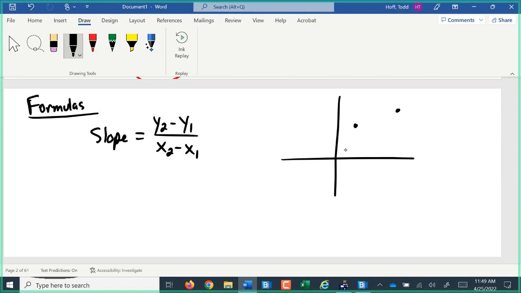If we have a point, I'm just going to call them x1, y1, and x2, y2. The rise is just the difference in the y coordinates, and the run is just the difference in the x coordinates. That's the horizontal difference. Well, those differences can be used to find other features of our lines as well. One of them is distance between points.